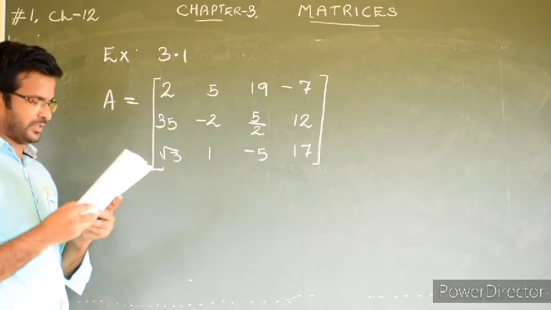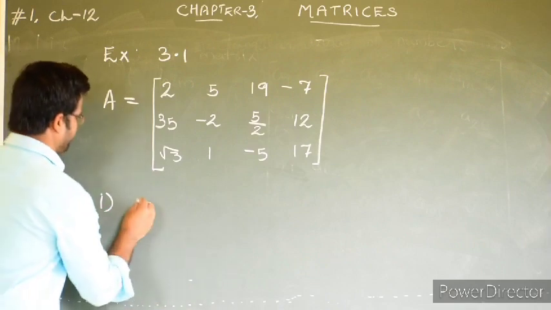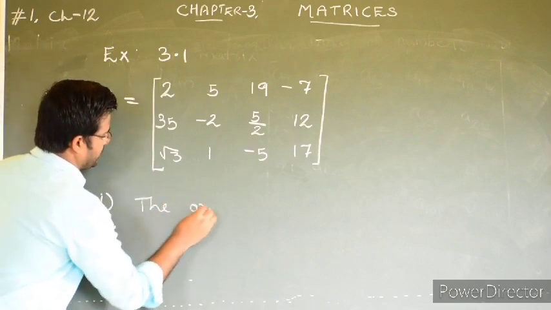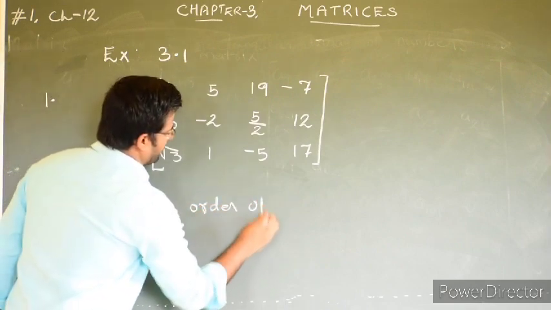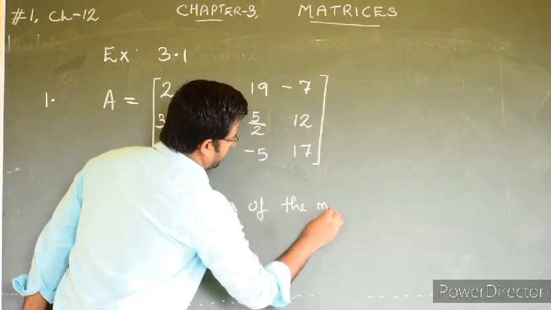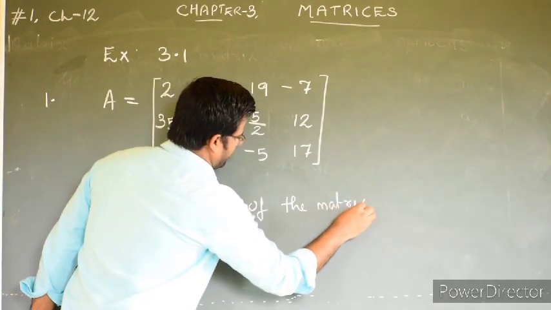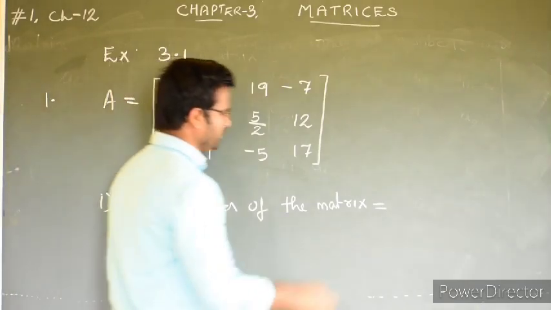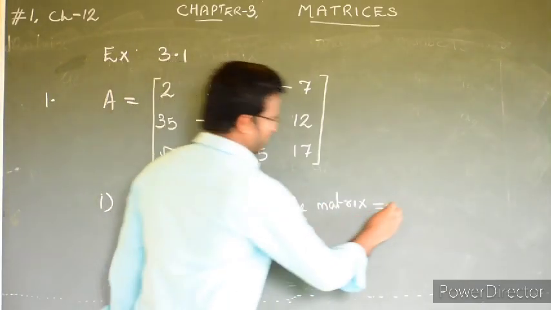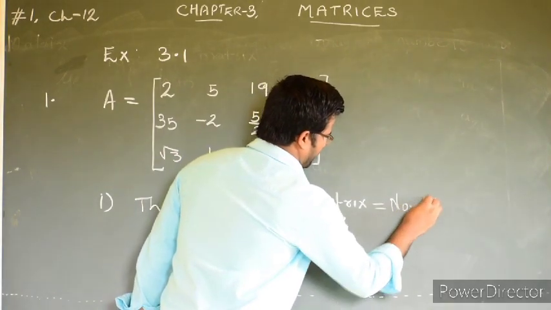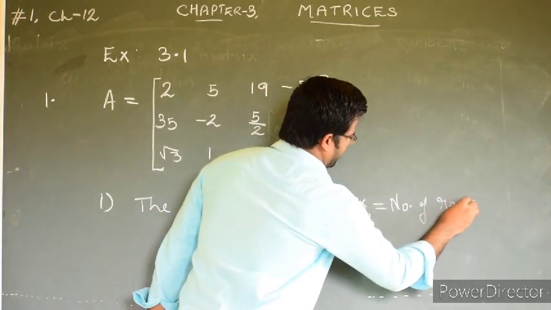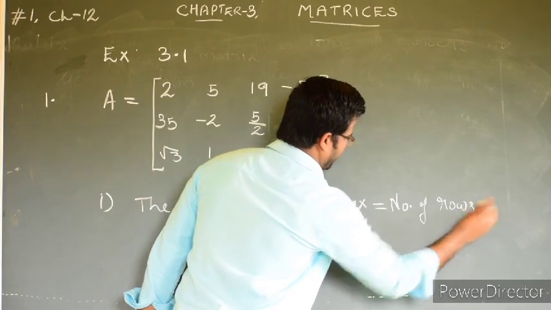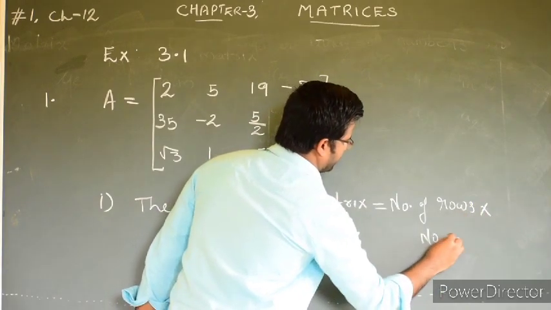Roman number 1, the order of the matrix. What is the order of this matrix? Order of the matrix means number of rows by number of columns.